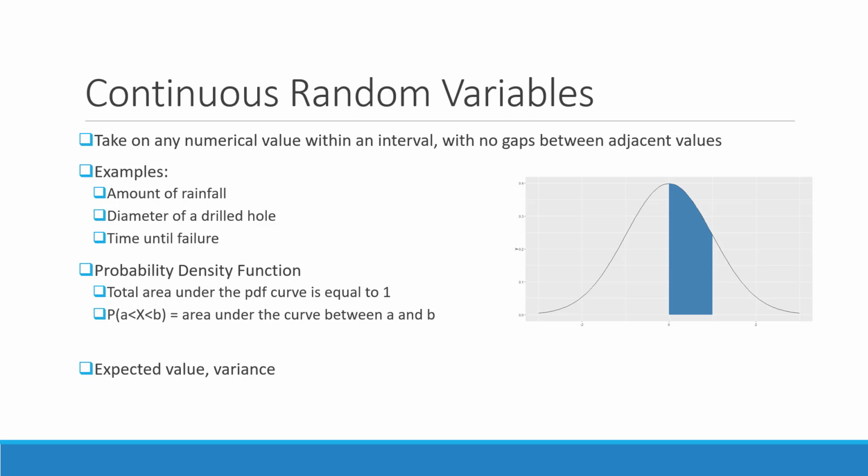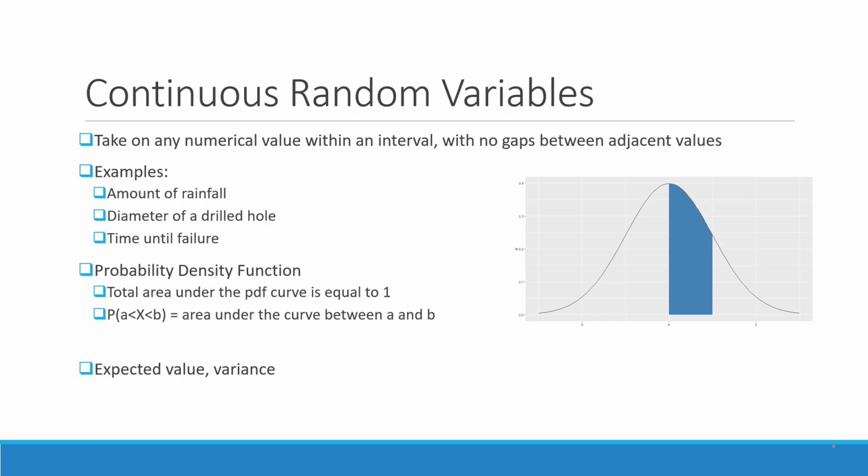Now, the probability density function is the area under the curve, right? And as you see, this is the probability distribution function on the right side of the slide. So like before, the total area under this probability distribution curve should be equal to 1.